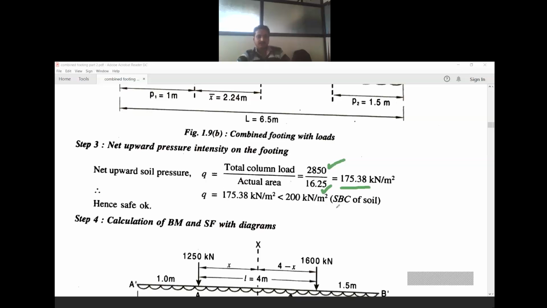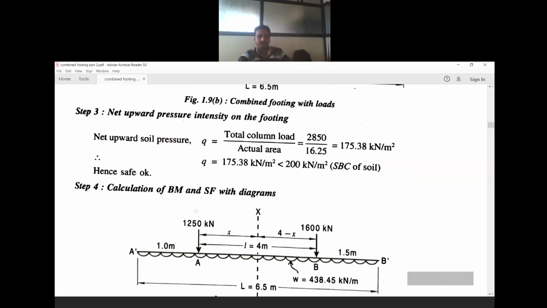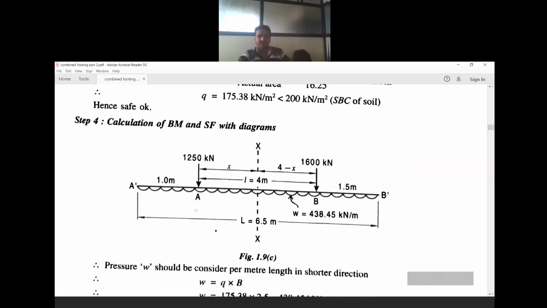Since the SBC of the soil is 200 kilonewton per meter square, this upward pressure is within the limit. The reaction coming from the soil to the foundation is less than the strength of the soil. So soil is not failing, hence foundation is also not failing. Hence the foundation is safe.